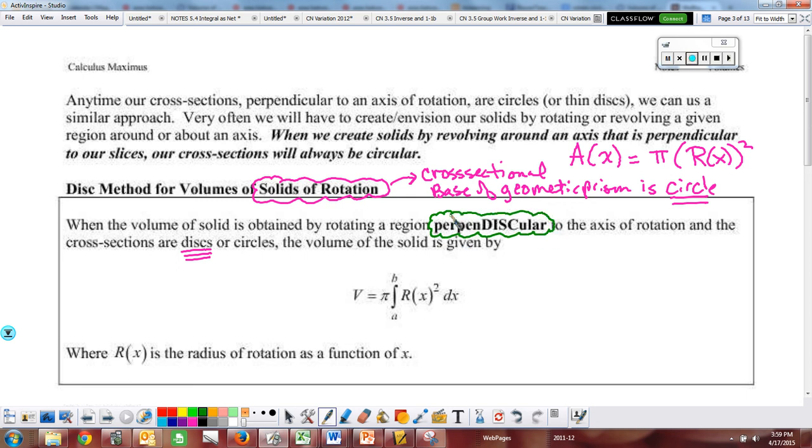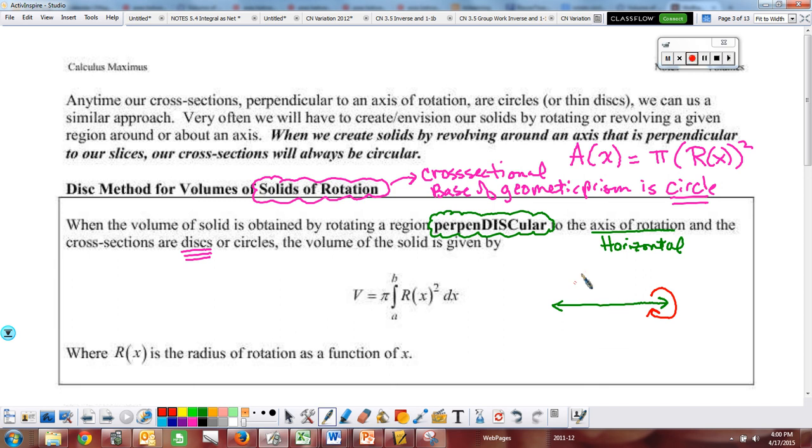When you do a solid of rotation, you will always rotate around an axis. This axis is either going to be horizontal, as it was in the case that we're doing. We're taking the x-axis as our axis of rotation, and we rotate around that.